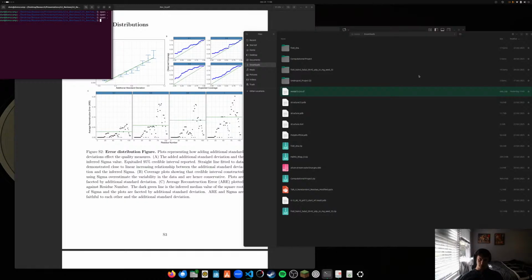Prior on change point locations, uniform ordered. Residues 2 through 11 are potential boundaries. R minus 1 equals 11. Oh no, R minus 1.